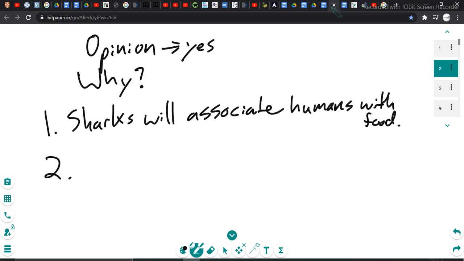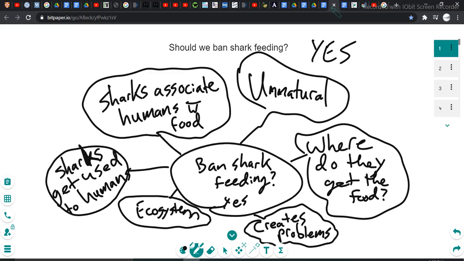And now, reason number 2. So you have to stretch it a bit. I think this ecosystem thing is pretty cool. So you could also say, well, maybe we shouldn't be feeding sharks because we don't know where we're getting the food from. Maybe the food could even harm the sharks. Maybe it's not good for them. That's okay. You can have any type of idea here.